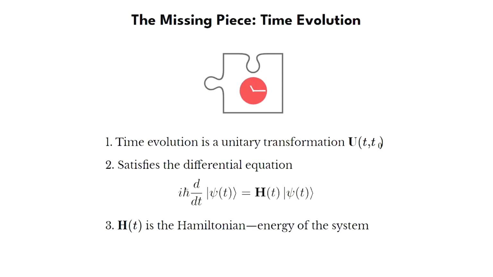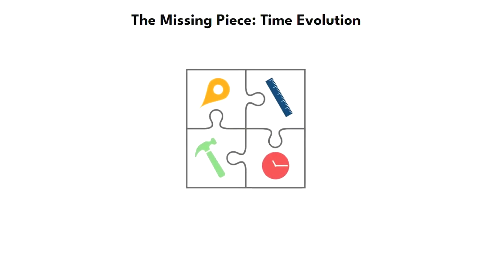So let's quickly recap what we have learned. You know that time evolution is a unitary transformation, and it satisfies the Schrödinger equation. And in the Schrödinger equation, H(t) is the Hamiltonian that defines the energy of the system. And with that, we have completed all the puzzles, and you have everything you need to describe a quantum system.